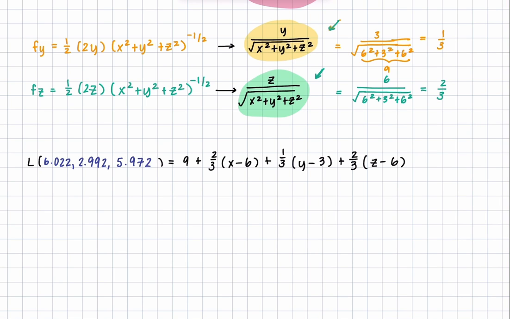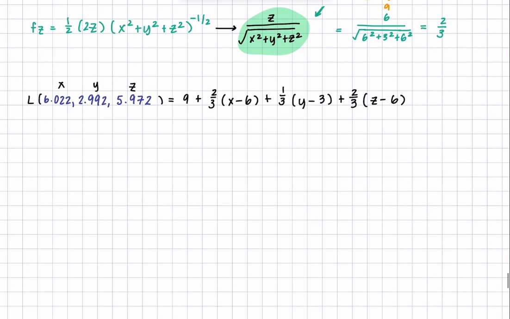Plugging these values into x, y, and z, we're going to get 9 plus 2 over 3 times 6.022 minus 6, plus 1 over 3 times 2.992 minus 3, plus 2 over 3 times 5.972 minus 6.